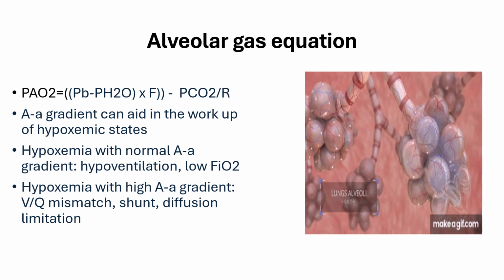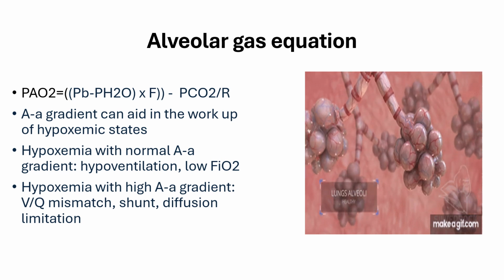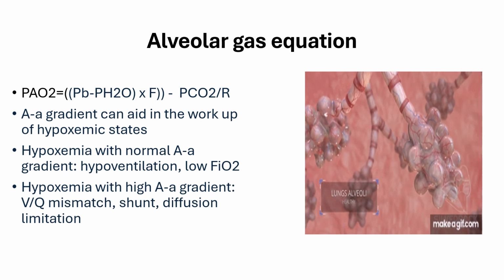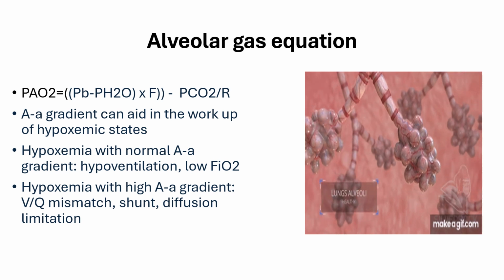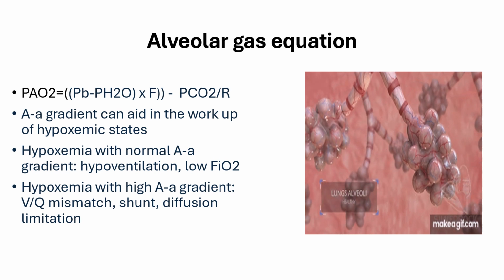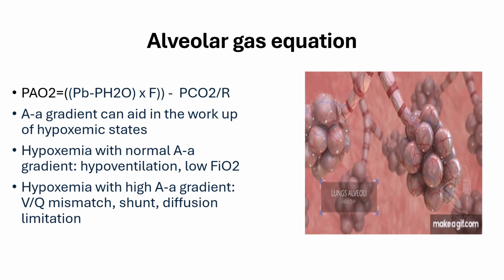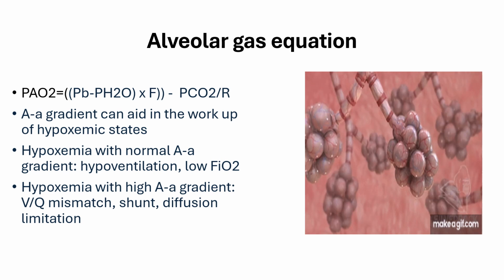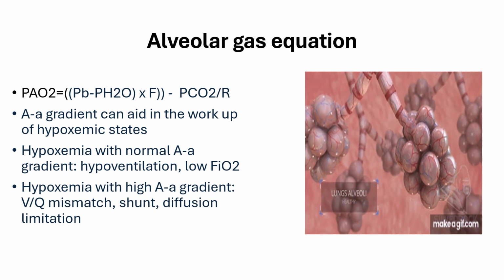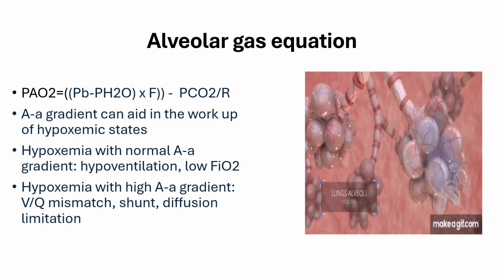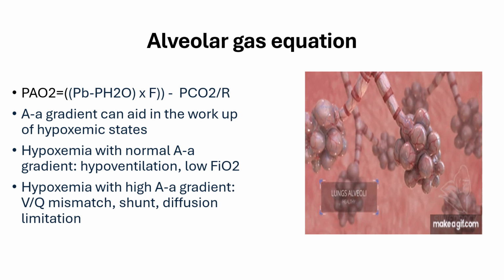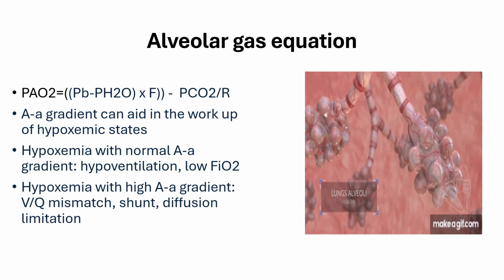Because the AA gradient will normally increase with age, it is important for us to compensate for age when we evaluate patients with hypoxemia. One formula which may be useful: age-adjusted AA gradient equals 2.5 plus 0.21 times age in years. Again, 2.5 plus 0.21 times age in years.